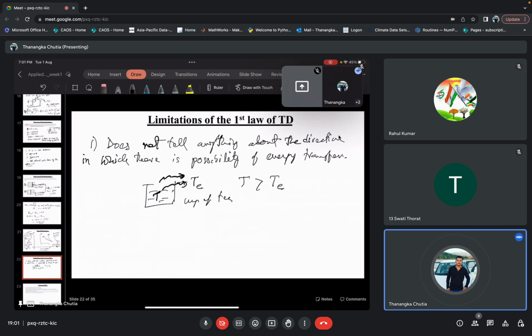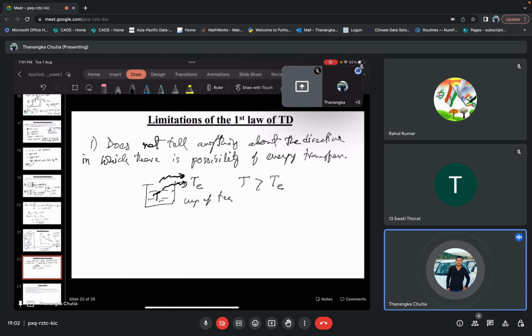But the reverse is not possible, we all know that, but the first law of thermodynamics does not tell you. Even if I give you a question that heat flows from the environment to this one, this much amount of heat, can you calculate the work done and so on? You could directly calculate, because this formula does not tell us in what direction the heat may flow. So this is the first limitation of the first law of thermodynamics.